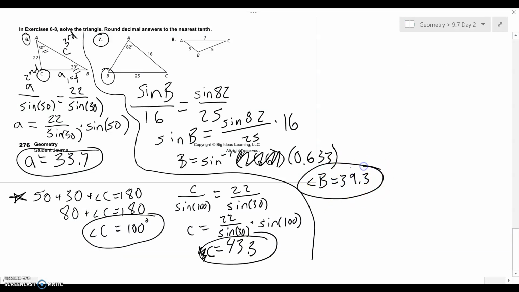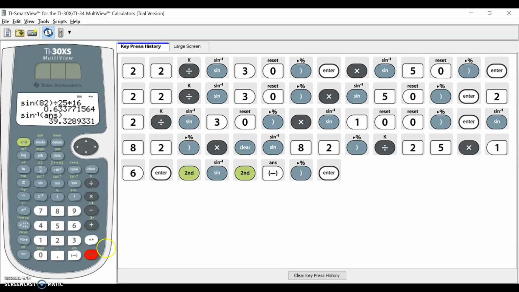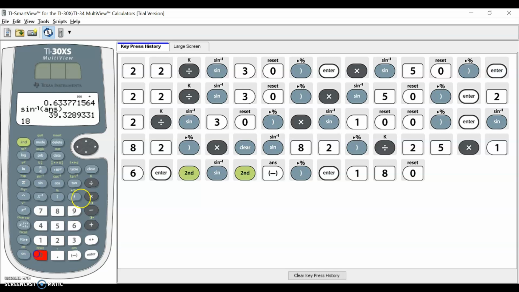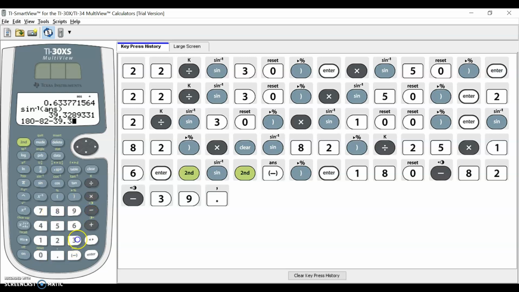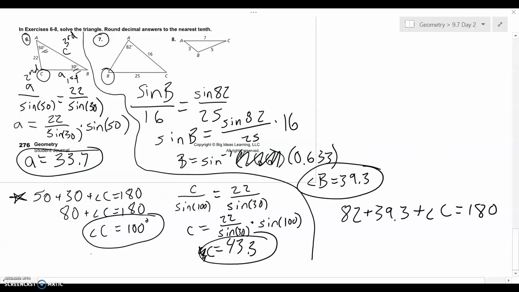And once you have angle B, you just take 82 plus 39.3 plus angle C is 180. So I would take 82 and 39.3 away from 180. So I'm going to do 180 minus 82 minus 39.3. Hit enter, and I got 58.7. So my angle C is 58.7.